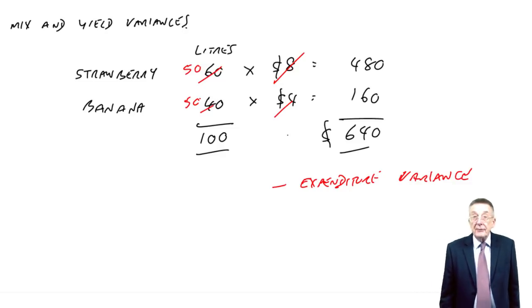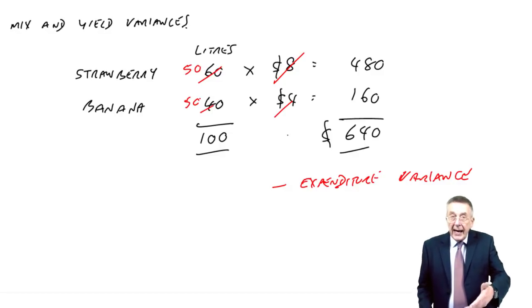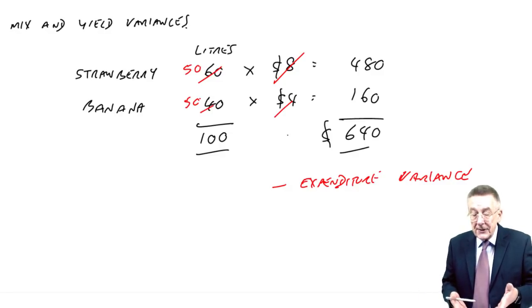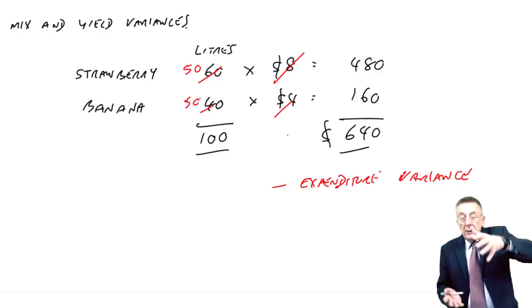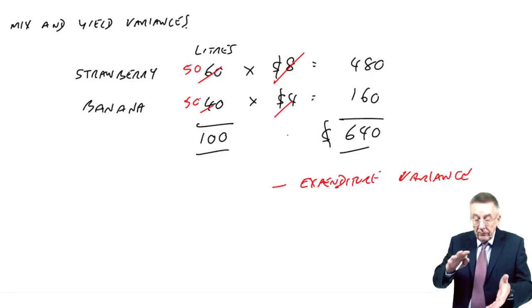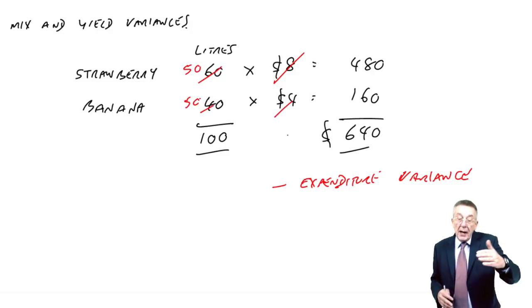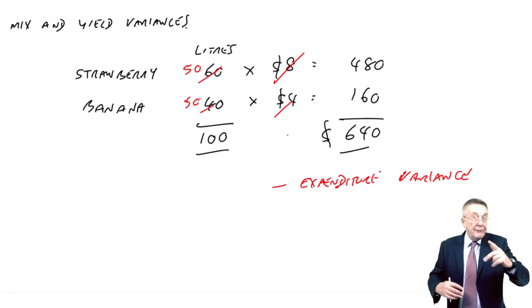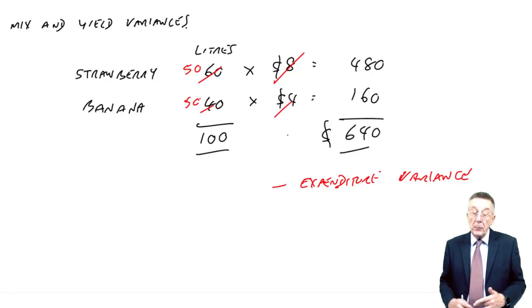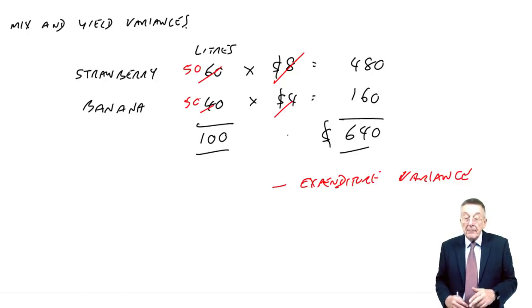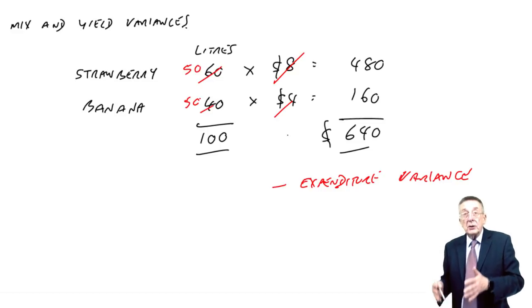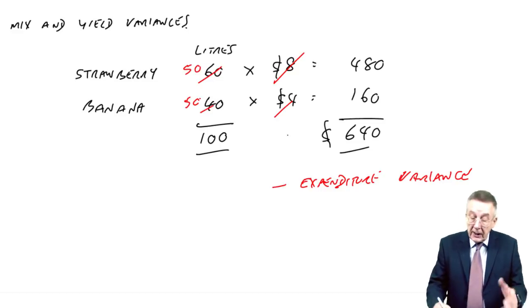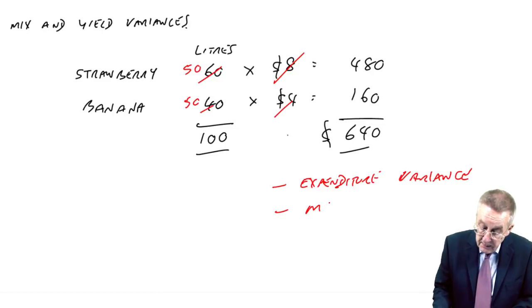It'd be 50 at 8, 50 at 4, it'd be different. So that's another thing that could change. What's changed there? Well, we're still putting in 100 litres, but we've changed the mixture. We've decided to use a bit less strawberry and therefore automatically a bit more banana, but it will affect the total cost. And so it'll be a variance again, and we call that a mix variance.